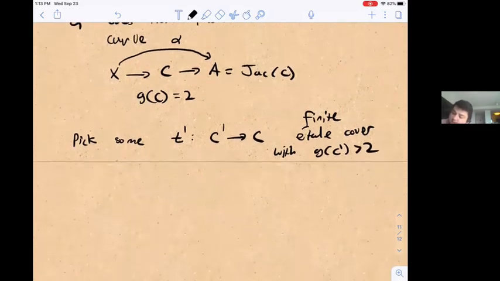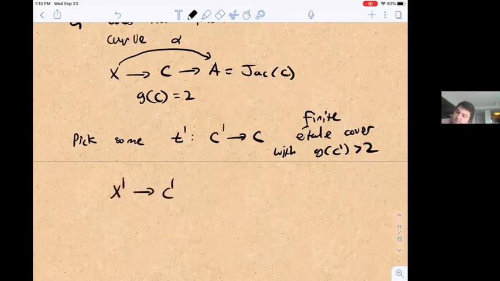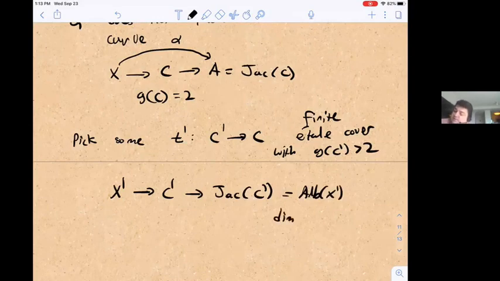And now take the pullback. So when we take the pullback, we get an X prime going to C prime, and then composing to the Jacobian of C prime, which is the Albanese of X prime, which is dimension at least 3, because C prime has genus at least 3.